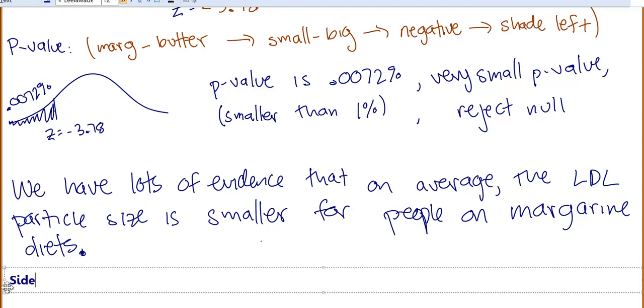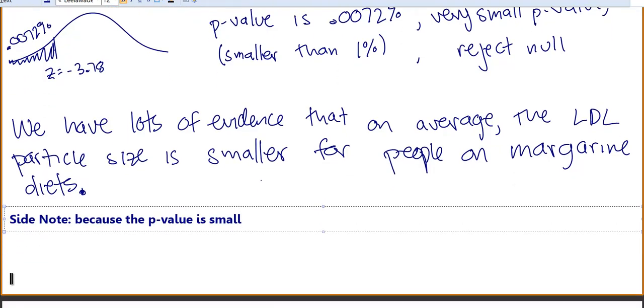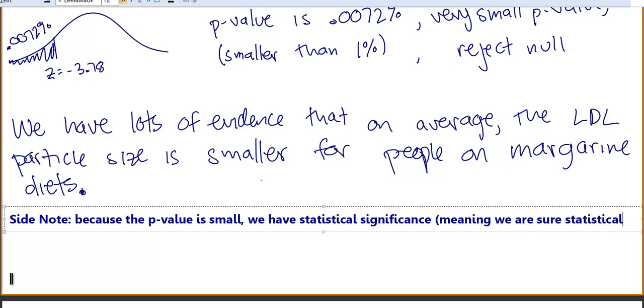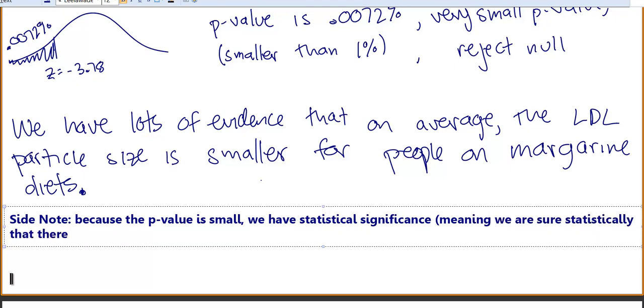Now, once again, let's just go over that side note again. Because the p-value is small, we have statistical significance, meaning we are sure, statistically, that there is a difference.